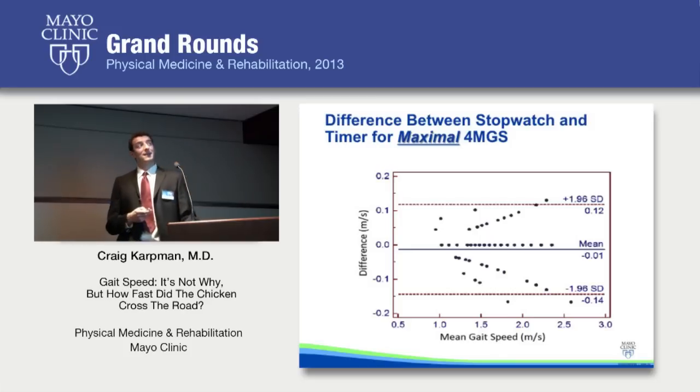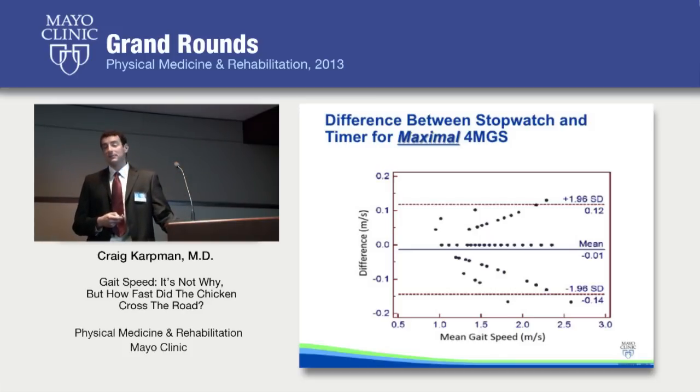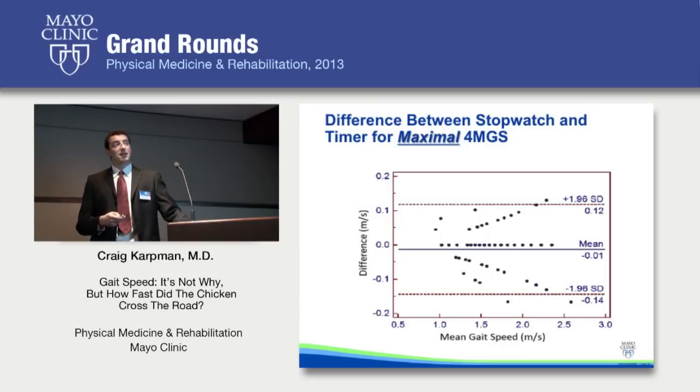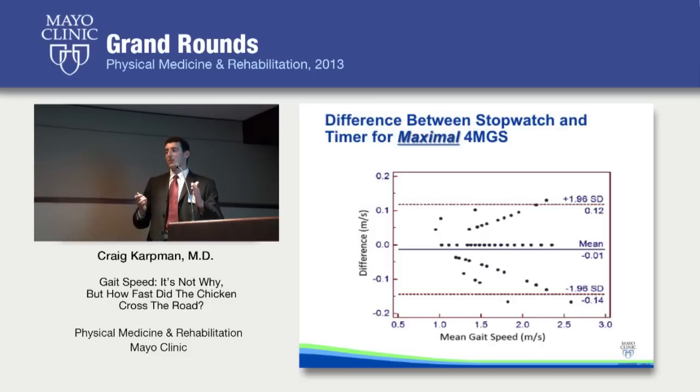Here we want to look at the same thing, except now with the maximal walking speed, where we have them walk as fast as they can safely. And you can see the range here is bigger, and overall you can tell that it really splays out once the gait speed's increased. So the faster people walk, the more variability we had between our timing systems.